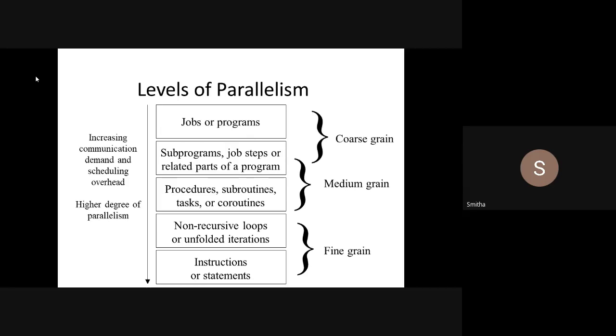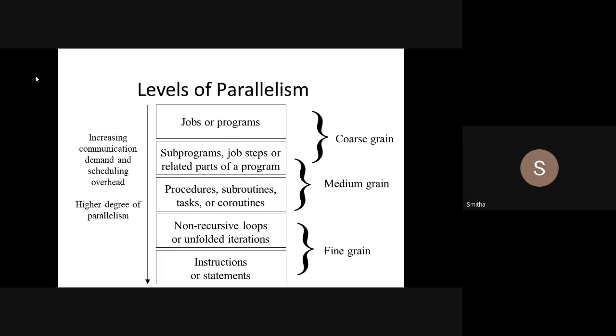Okay, students, I hope you have understood what program partitioning is, what grain size is, and the three different grain sizes: fine grain, medium grain and coarse grain. Now, based on the grain size, we can divide parallelism into 5 different levels.